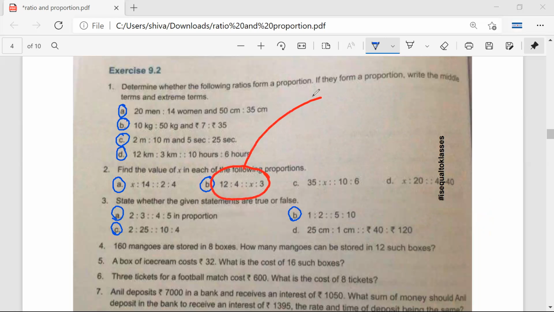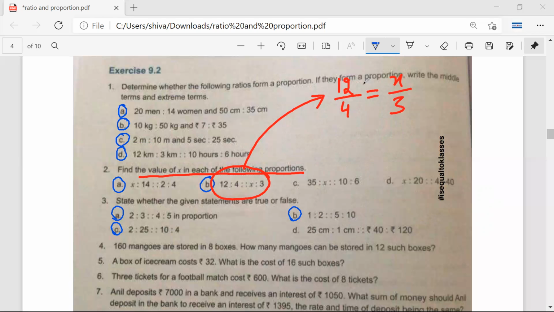Let us see how to do this. Find the value of x in each of the following proportions. If we follow Mr. Sarthak's method, Mr. Satya, how do I write this? So 12/4 and then x/3.